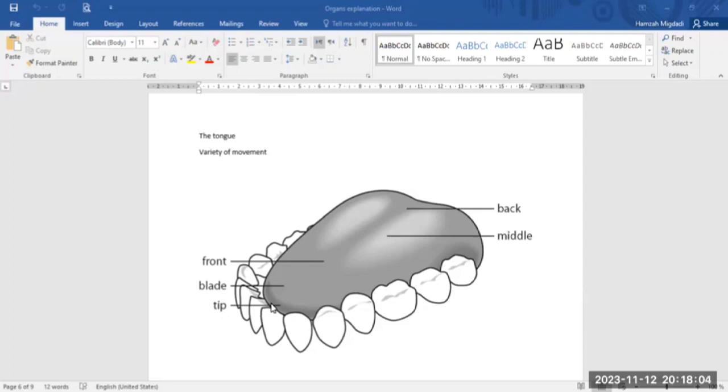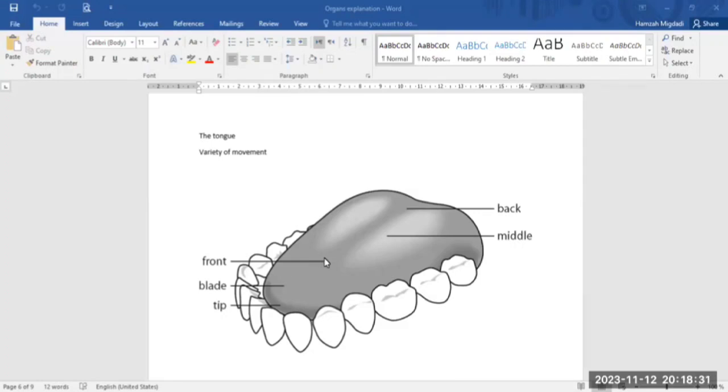So these are the features of the blade or tip of the tongue: you can touch the lips. You can touch the front teeth, the lower and the upper one. You can touch the alveolar ridge and you can touch the hard palate. These are the features.